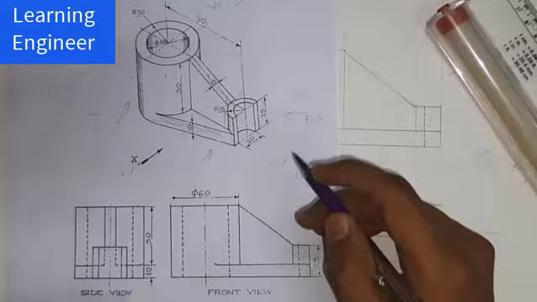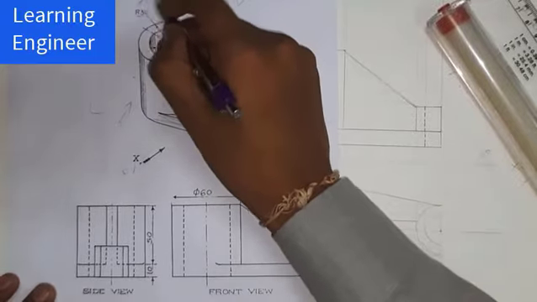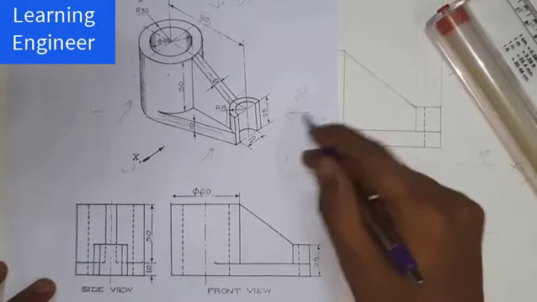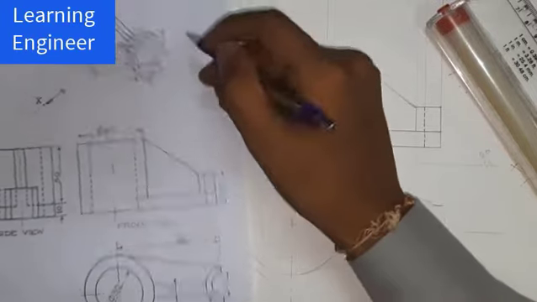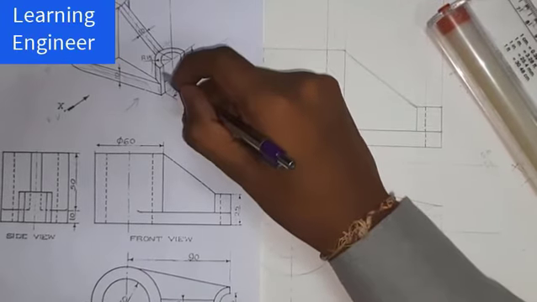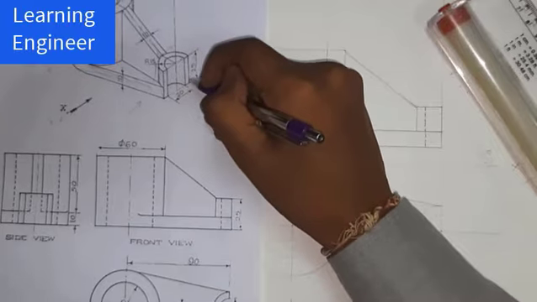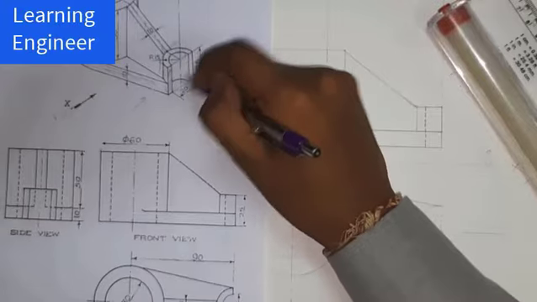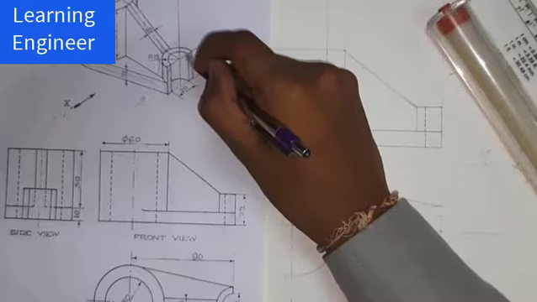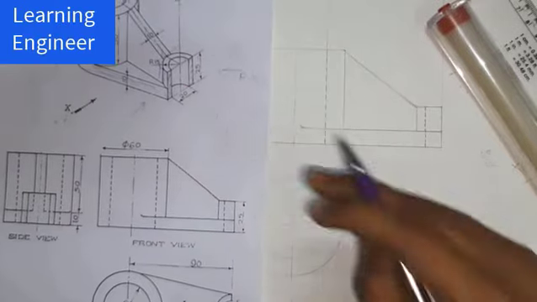Now when we go for this side view we should get it from the right side, okay, from here. When we see the diagram from this side, we will see three rectangles. This will look like a rectangle, this a rectangle, and this will be a closed rectangle. So three rectangles.